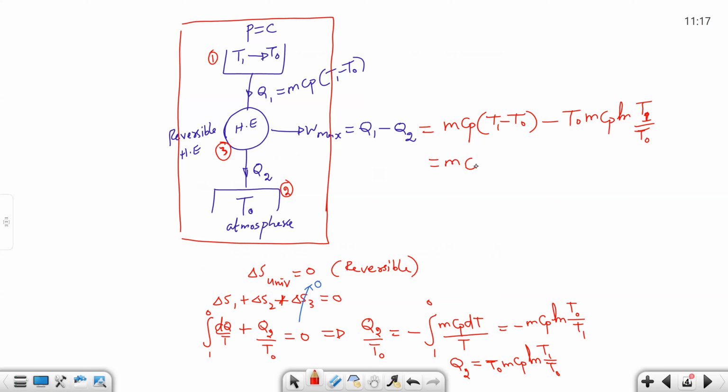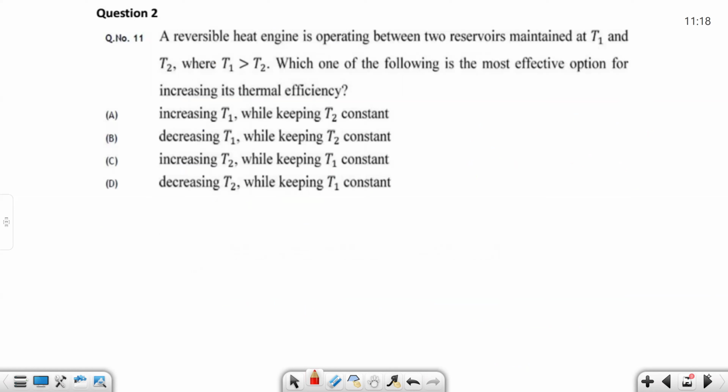If you take m Cp outside, this is the maximum work when the source gives the heat at constant pressure. Maybe this is not asked, but sometimes there is a possibility that the question can be asked in this aspect. So now we move to the next question.